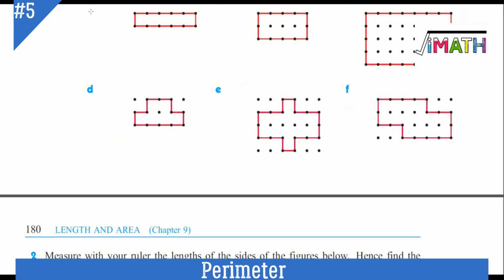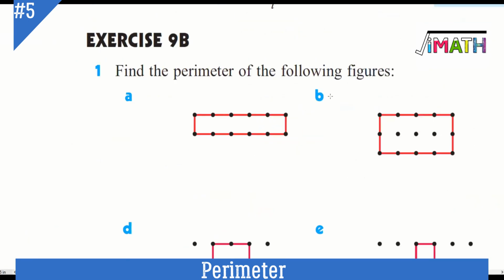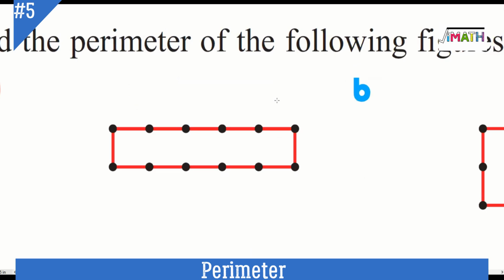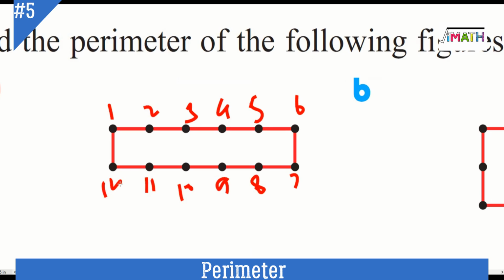Okay. So this is a question here, and we are required to find the lengths, maybe the perimeter, of figure A. What do you think? What's going to be the total length of this rectangle? 12, right?